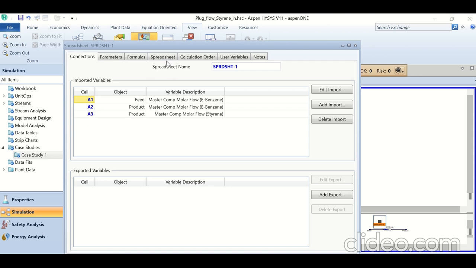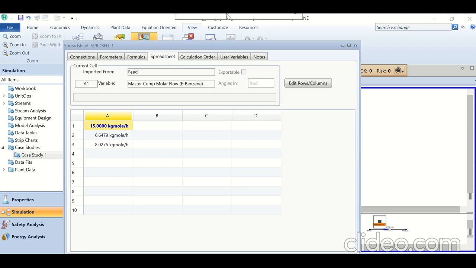Now go to the spreadsheet, and here I am entering the formula of the selectivity. This is equal to A3 divided by A1. A3 is the molar flow rate of styrene in product.